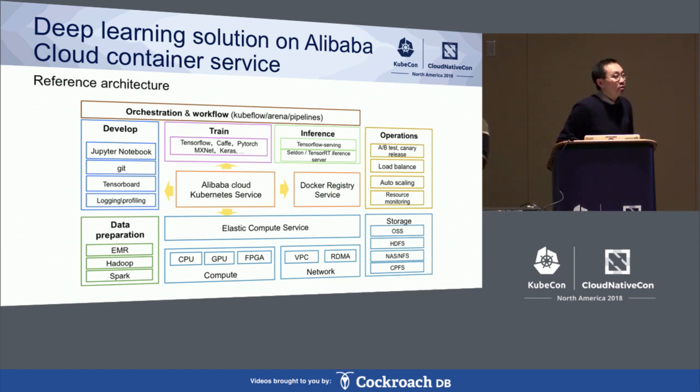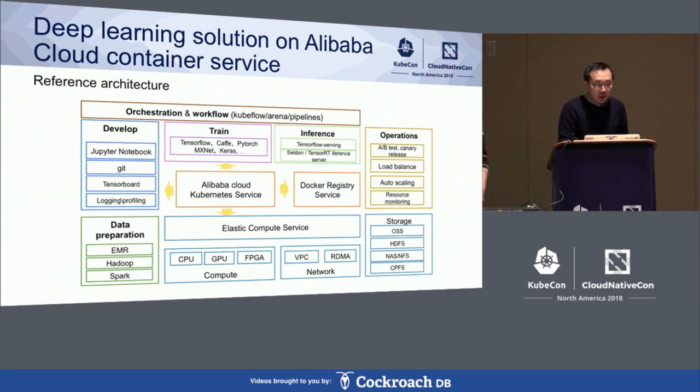It's providing all kinds of computing resources or networks and different types of storage services. And in the middle, we create different services for different lifecycle stages. For development, the Jupyter notebooks, Git, and TensorBoard, all those are well integrated together for developers to code and build your model initially.